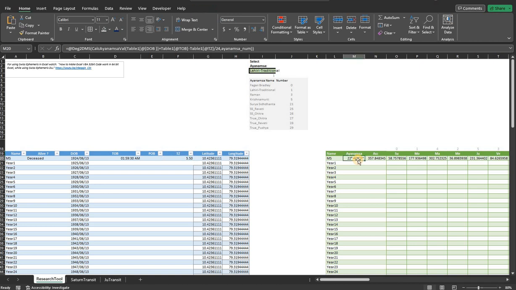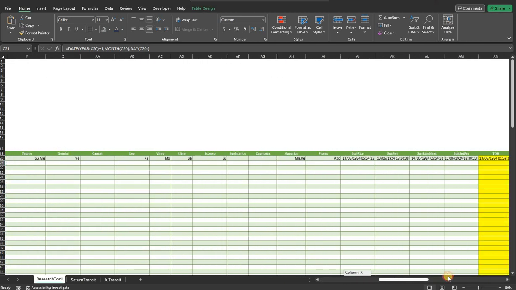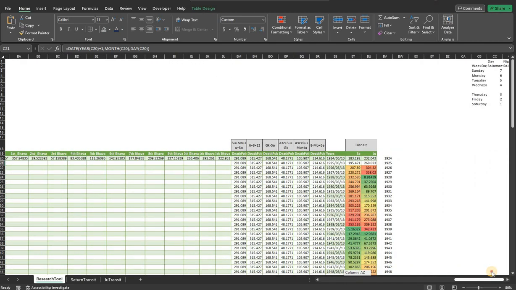The rest are all calculated by Excel. It is the same Excel as the last video, but each row does not represent different individuals, but the same individual in different years of his life. These are calculated by the program itself.